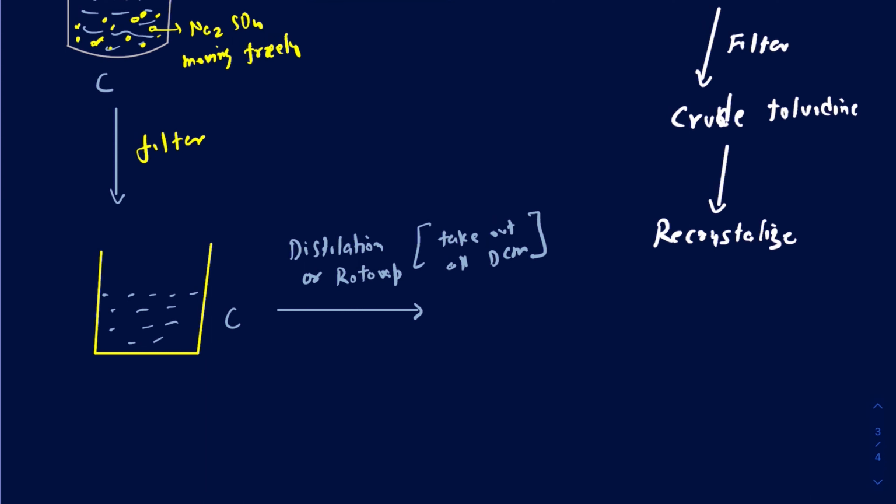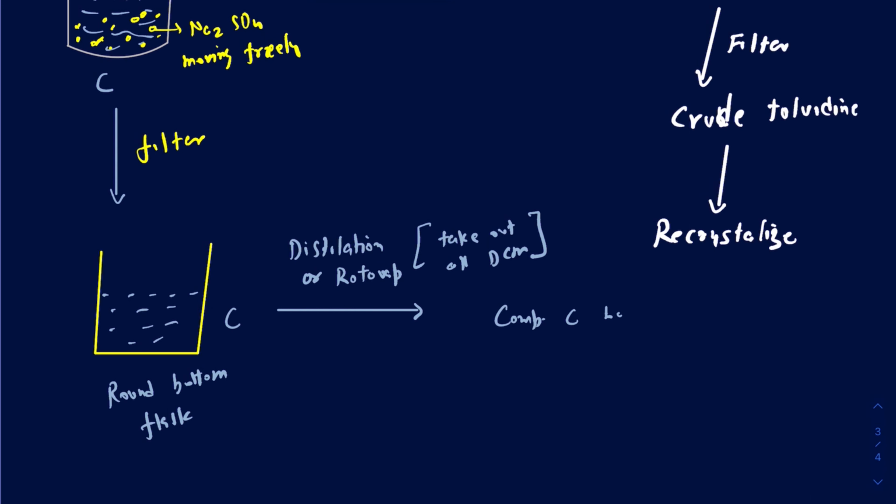And to do the distillation, you would have to put this in a round bottom flask, and also for the rotovap. So make sure right here you're using a round bottom flask. If you just have a little bit of liquid and you're putting it on a hot plate, then you can use maybe a beaker. But if you're using distillation or rotovap, you would have to use a round bottom flask. That will take out your dichloromethane, and what's going to be left behind is going to be your compound C.